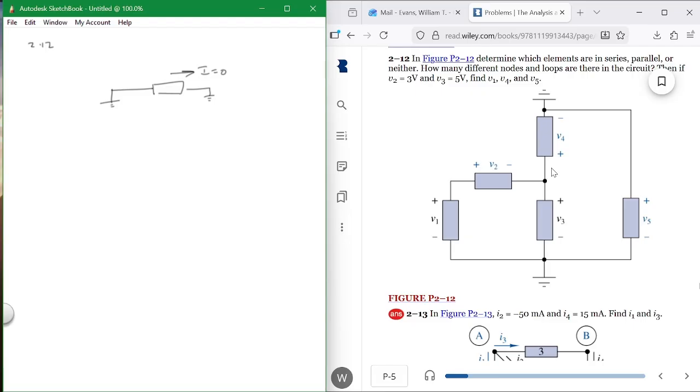Now, if you've got 3 volts here, and you've got 5 volts here, so this is plus to minus, plus to minus. What would be the voltage here?